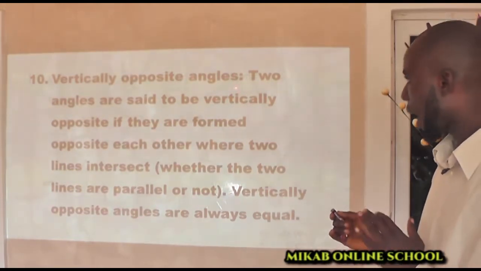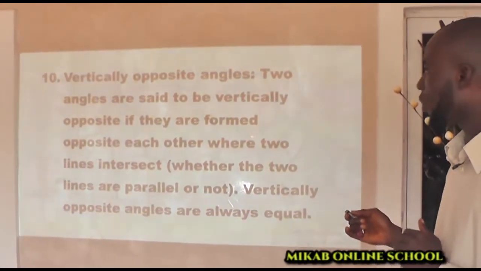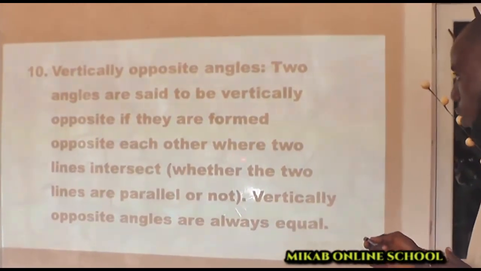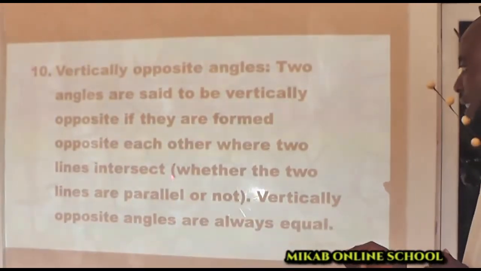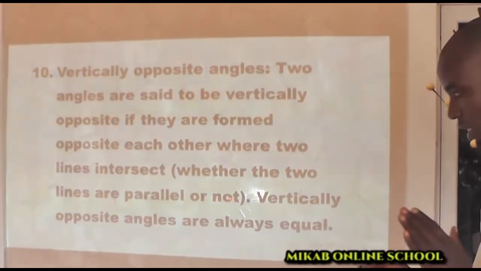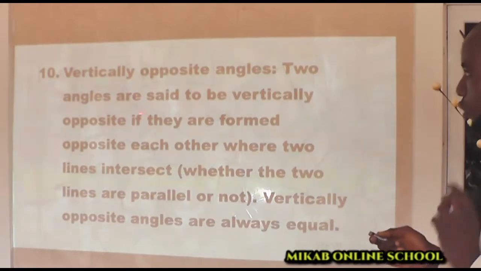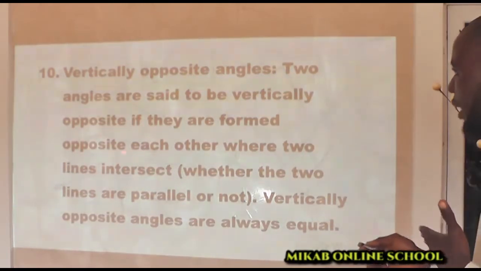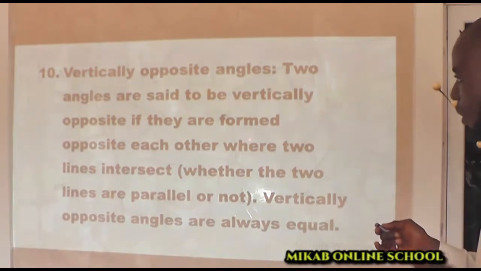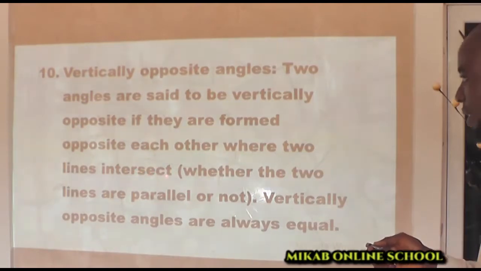Vertically opposite angles. Two angles are said to be vertically opposite if they are formed opposite each other where two lines intersect, whether the two lines are parallel or not.